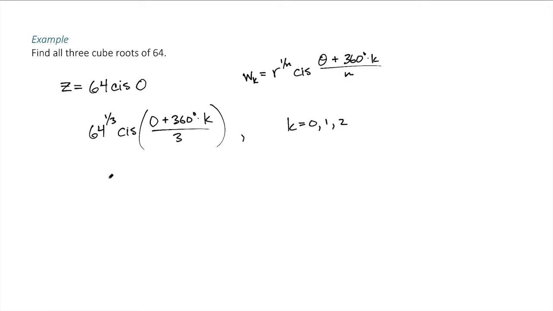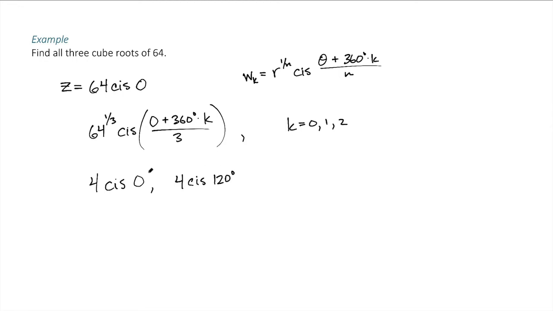And so we can go and plug those in. Plugging 0 in, we get 64 to the 1/3, which is 4, cis of 360 over 3 is 120 times k, which is 0. Then plugging 1 in, we get 4 cis of 360 over 3 is 120 times 1 is 120.